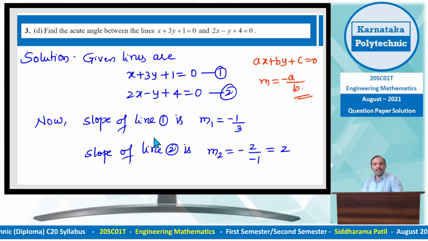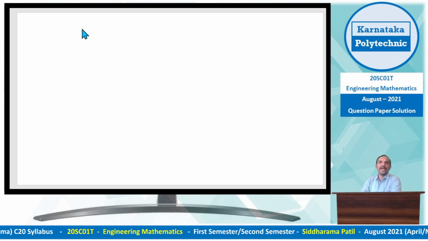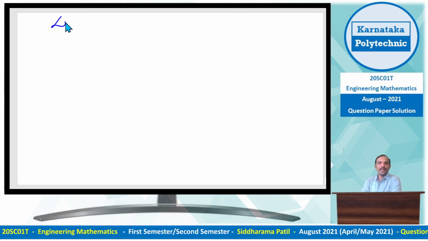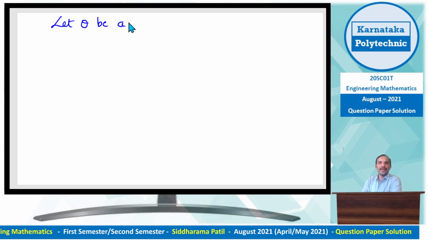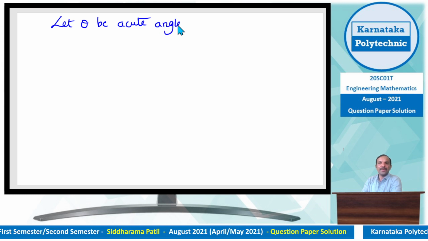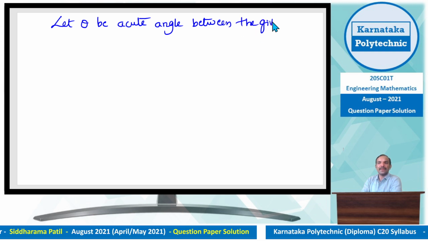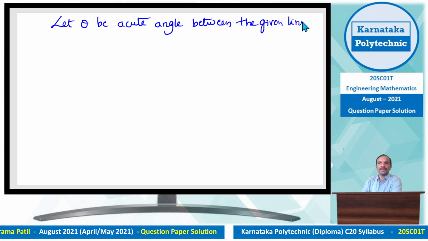Now, the formula to find the angle between two lines. The question is to find the acute angle. Let theta be the acute angle between the given lines.